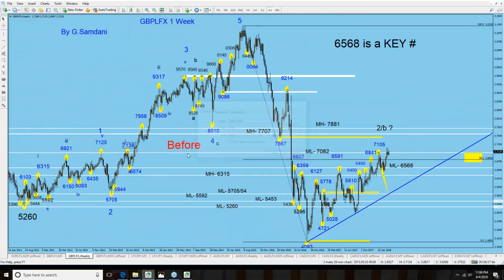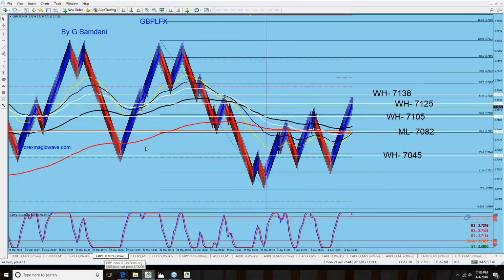So you can say 71.38 or 71.25, whatever. But one of them is giving this thing a reversal here. 71.25 is right there. So it's going to get a reversal right here, and if it does, it will be coming down. If it's coming down, pound is going to get weaker, and all those pound pairs that went up are going to come down.